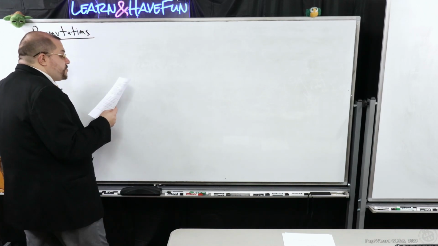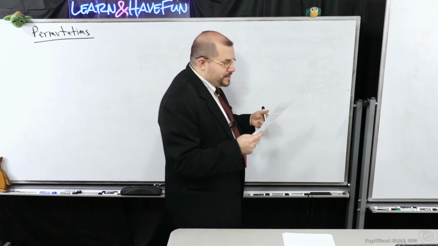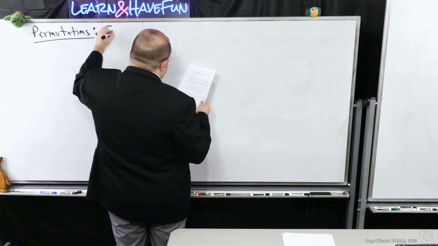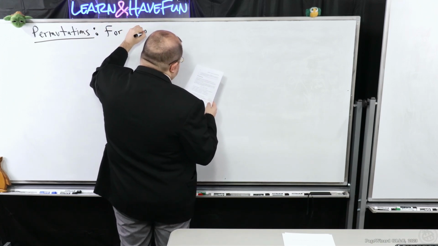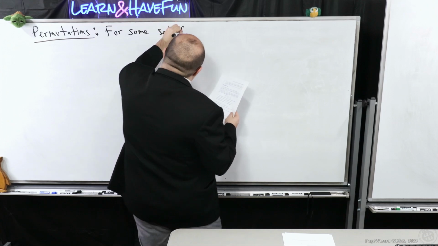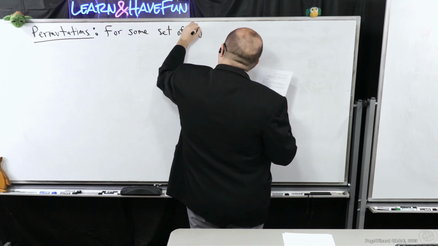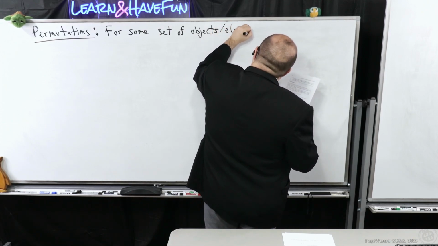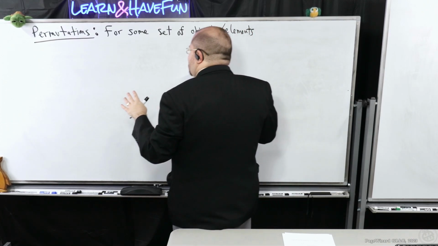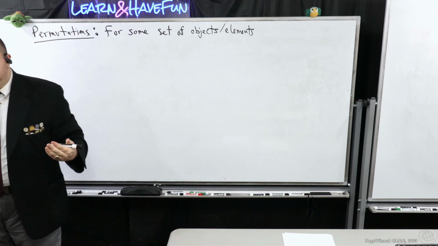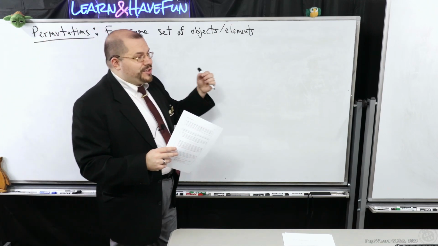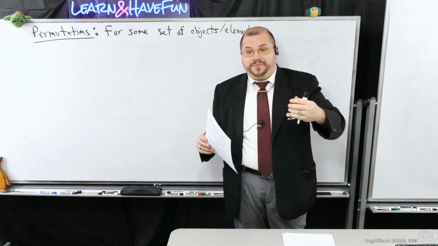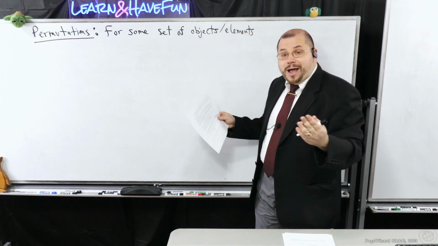So first, I have to describe to you what a permutation is. For some set of objects or elements, I must stress that for this definition, it's okay if you consider it a collection. All you have to do equivalently to turn it into a set is just uniquely identify each of your objects by their position, for example. And then now you have a set.